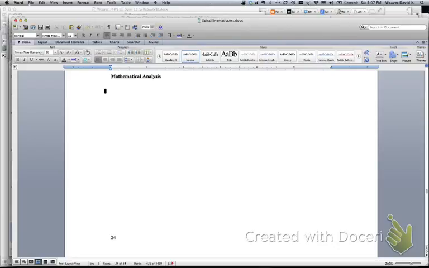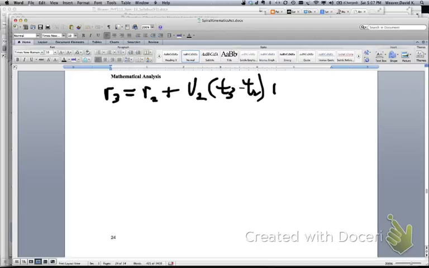So finishing up here, let's consider that my final position at point 3 is equal to the initial position at point 2, or event 2, plus the velocity times the time interval plus 1/2 the acceleration times the time interval squared.